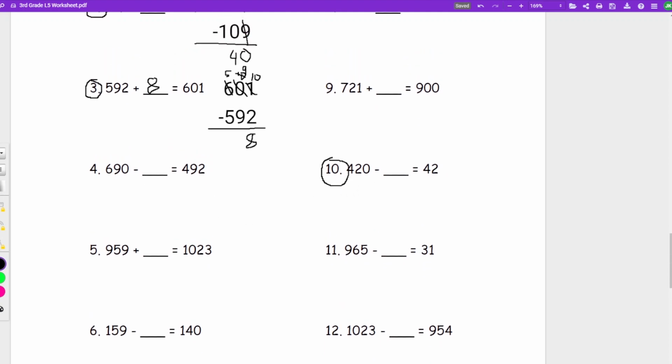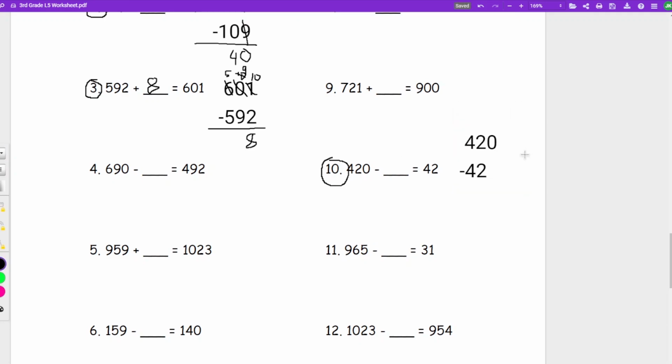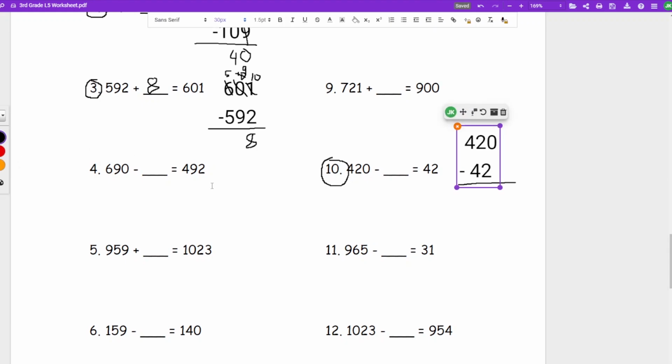So we get 8. Number 10. This number minus something is 42. I'm going to put 420 minus 42. Actually, let me add a space right here.